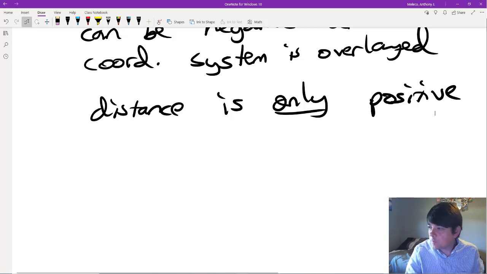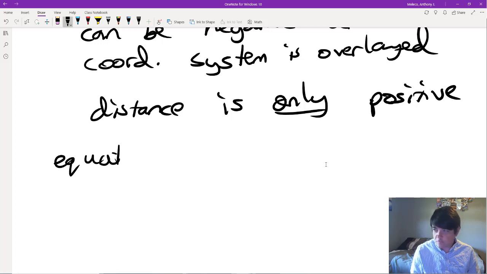So, here are the equations for position, okay?